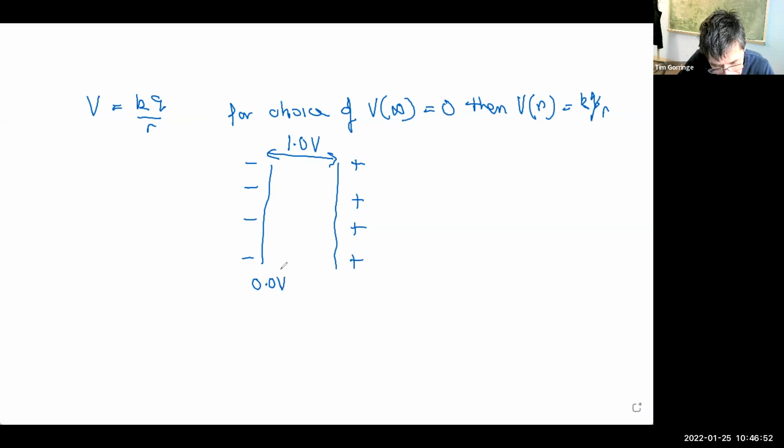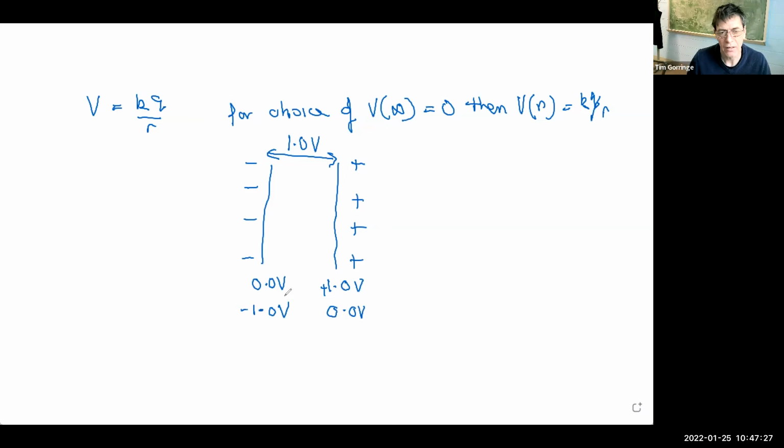And if I do that, it must be, because of the 1 volt potential difference that's observable, that's measurable, that the right-hand plate is plus 1.0 volts. So that's one choice. Or I could choose to make the right-hand plate 0 volts, in which case, because there's a measurable 1 volt potential difference between the plates, the left-hand plate would be minus 1.0 volts.